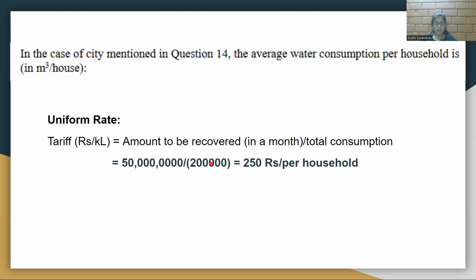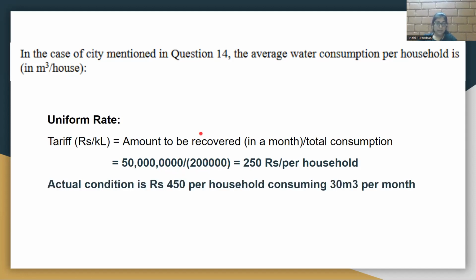Here, if you want to calculate the average amount to be charged per household, we divide the total amount, which is 50 million, by the number of households, which is 0.2 million, and you will get 250 rupees to be charged per household.